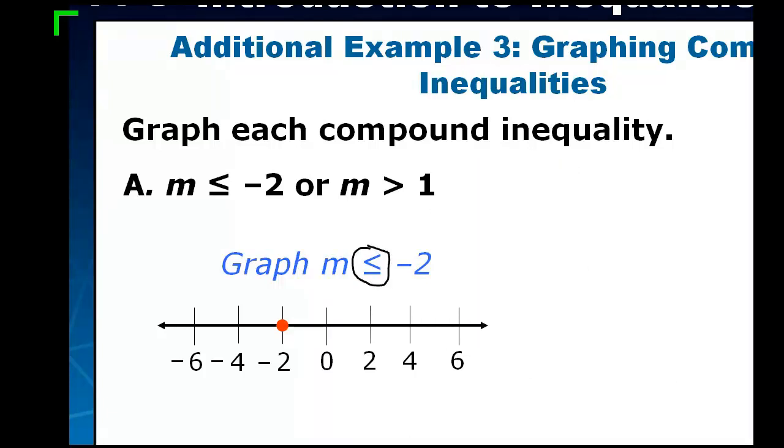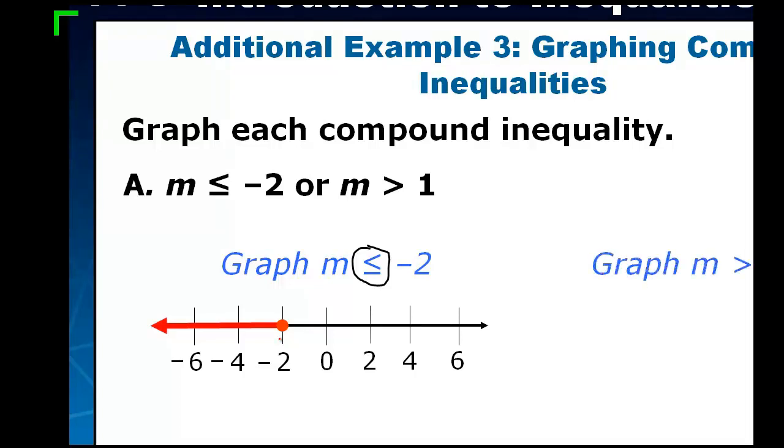So I close the circle on -2, and then I will shade a line smaller than -2. Where are the numbers smaller than -2? It's -4, -6. I will go to the left. So here my arrow will go to the left, or I will shade all the numbers going to the left.